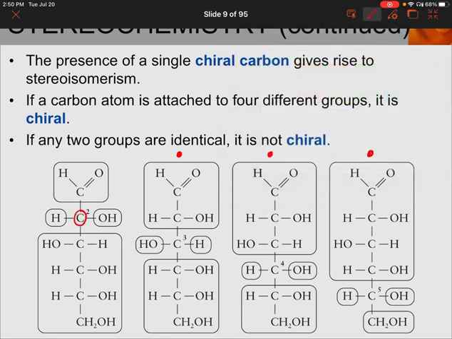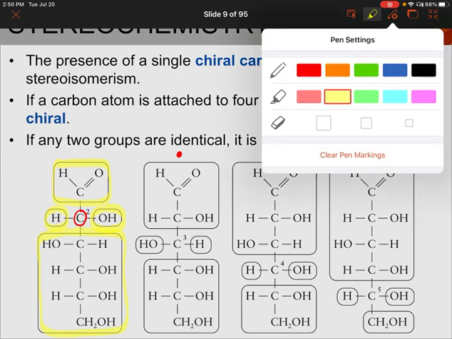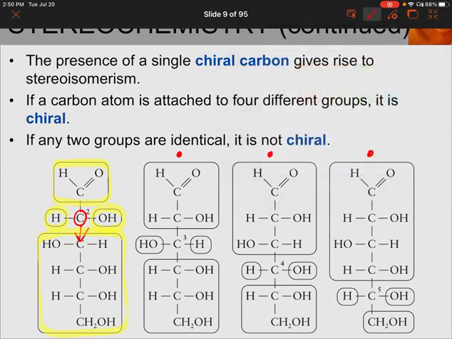2. Now, looking at what this carbon is bonded to, it's definitely bonded to 4 different groups. We've got this aldehyde, this hydrogen, this OH, and then the rest of the molecule down below. So that is definitely a chiral carbon. Now, if we just move down the chain to carbon 3, then we see the same thing.